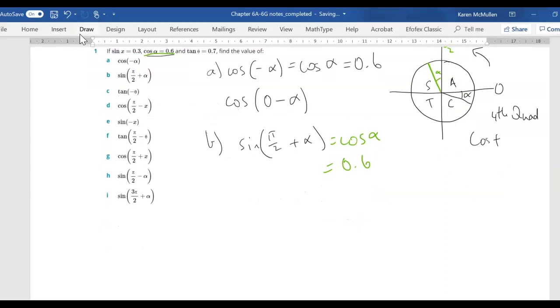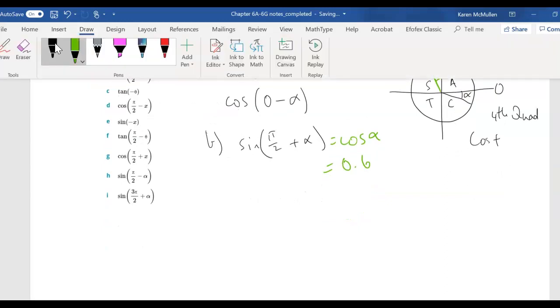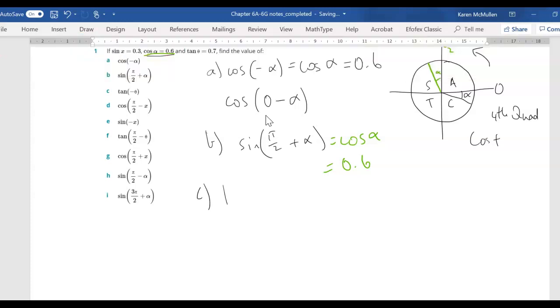All right, question C. We've got tan negative theta. Negative theta, we're in the fourth quadrant, so our answer has to be negative. Remember what we did with A, where we wrote 0 minus alpha.